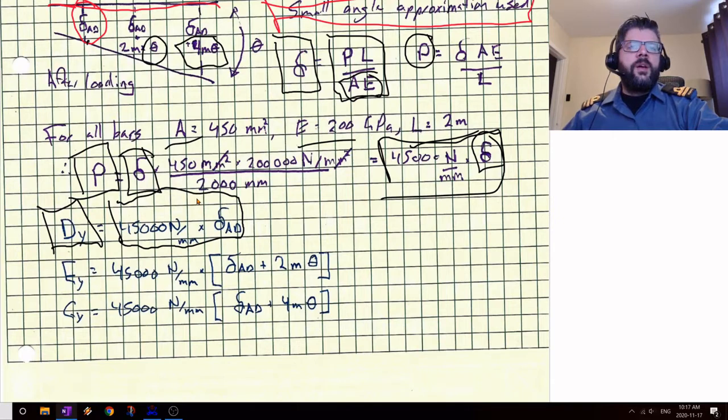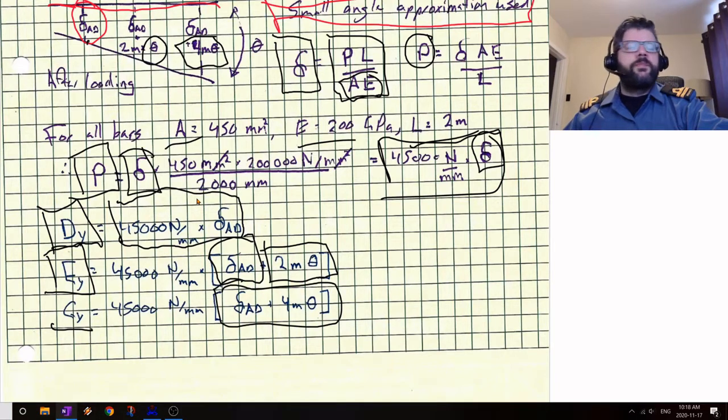The vertical reaction at E is going to be the 45,000 newtons per millimeter times that stretching plus that additional bit of stretching due to the angle. And then same deal for G, just based upon that displacement there. So all of them stretch by at least this amount, and these two stretch a bit further because of the angle.